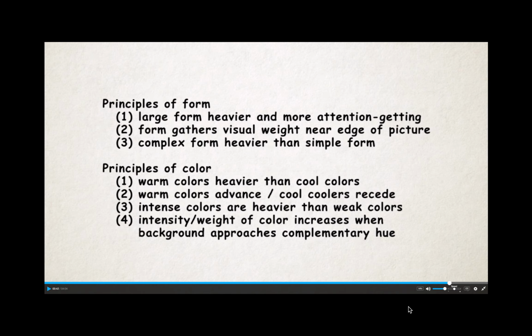You get credit for rhythm by saying the first thing I noticed was this, or the first place I was drawn was this, and then I was led here by this thing, and I noticed this, and then the last thing I noticed was this, and then this thing led me back up to the first point of emphasis, or it didn't. Usually it creates some sort of triangle or circular, so you get trapped in it, but sometimes it doesn't. But that's how you get credit for rhythm and we're going to practice it.